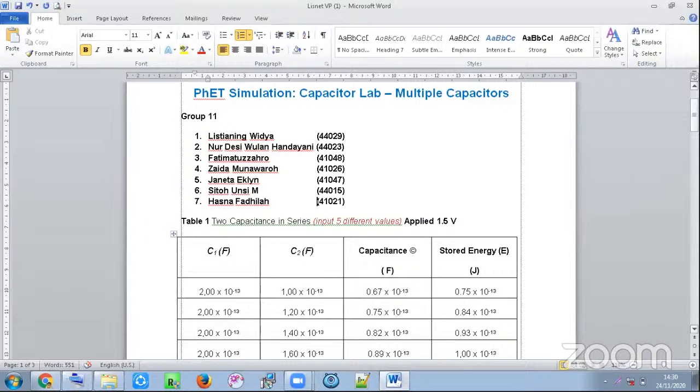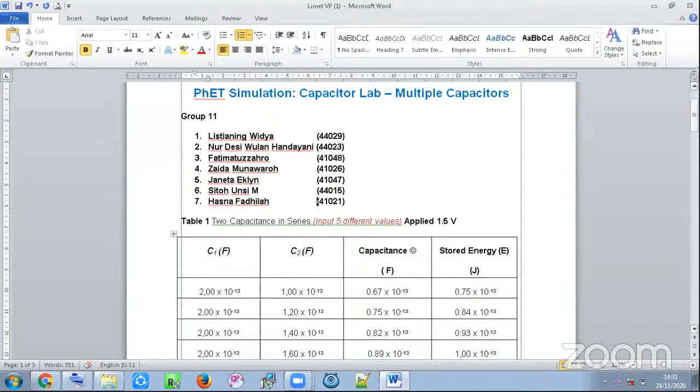In C1, we input the same values in all 5, and in C2, we input 1 times 10 to the power of minus 13.